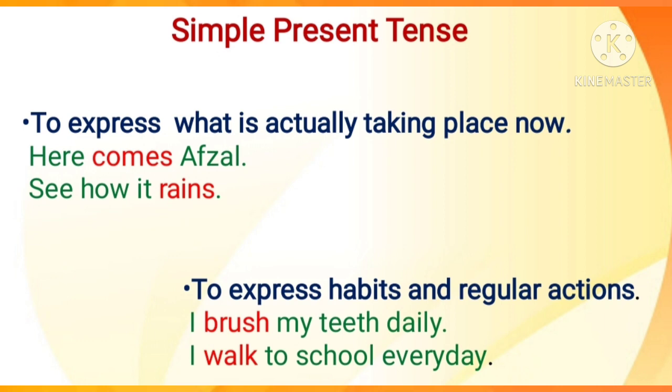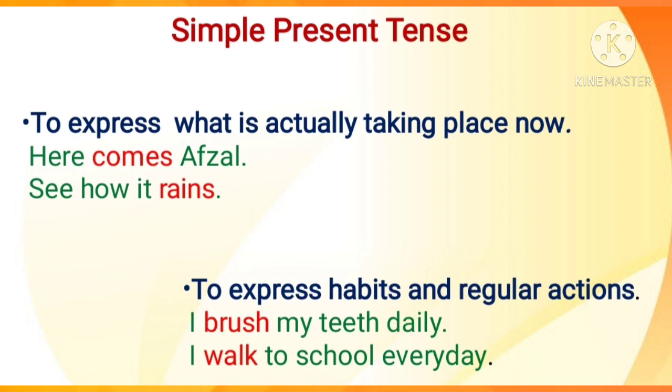Let us first see the examples. Here comes Afzal. Can you see the example there? Here comes Afzal. See how it rains. Here the verbs comes and rains are in simple present tense because they express an action that is actually taking place now.